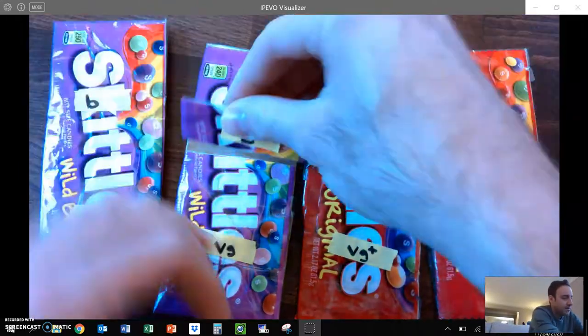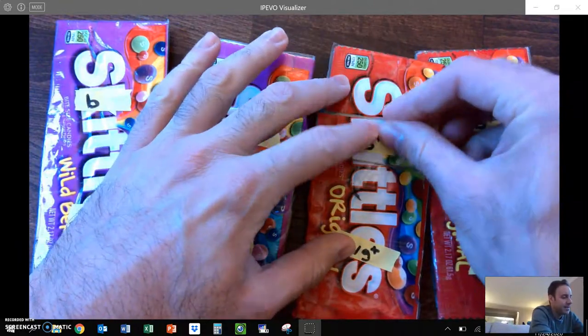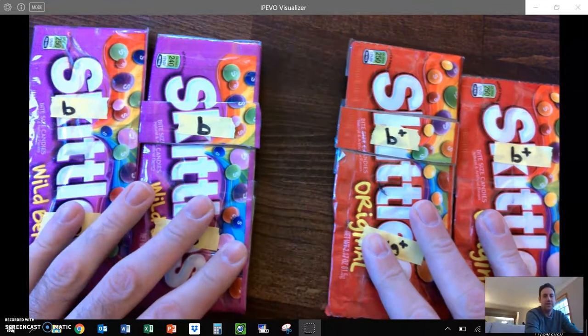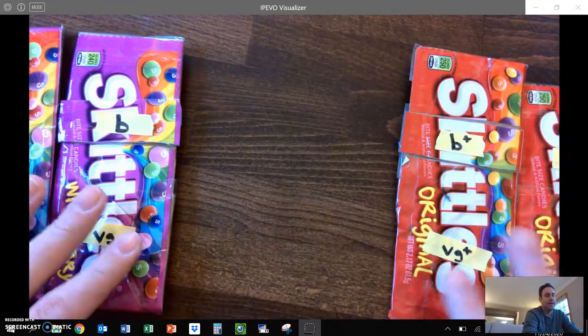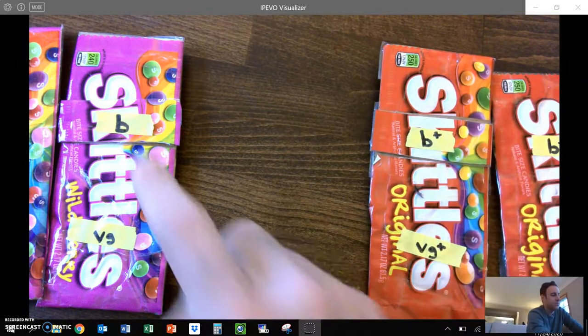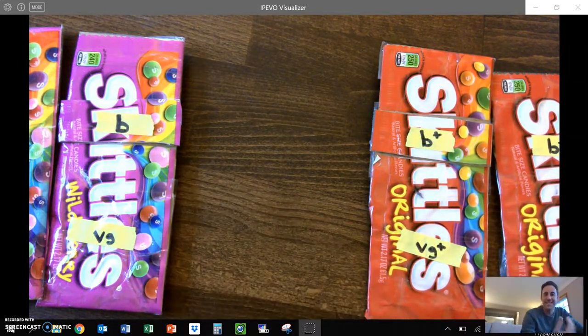So if this crossover event does not happen in this particular location, then during meiosis, these are going to separate out into opposite ends of the cell, and half your gametes are going to be B plus VG plus, while half are going to be B VG. That's the parental chromosomes.